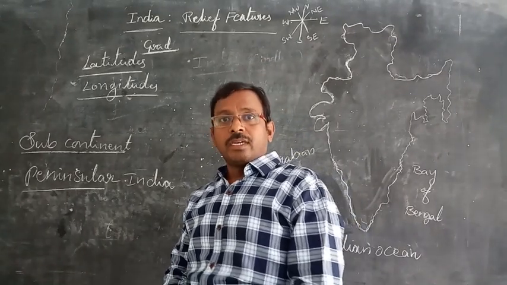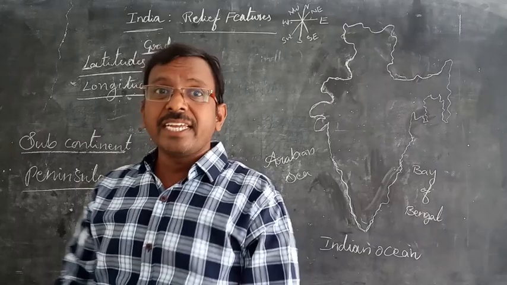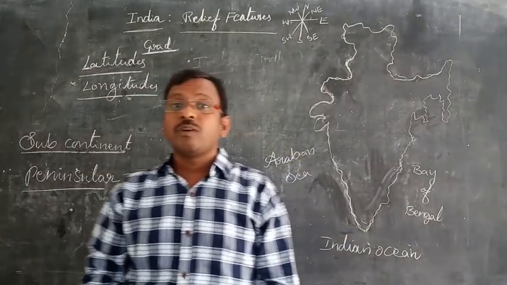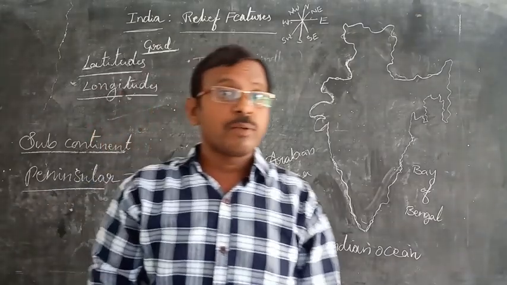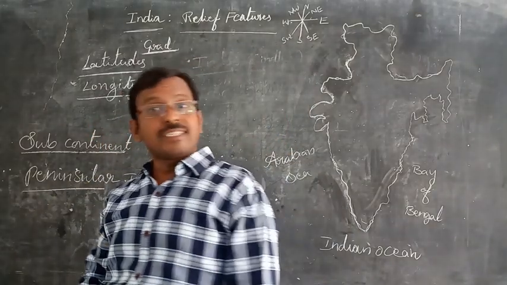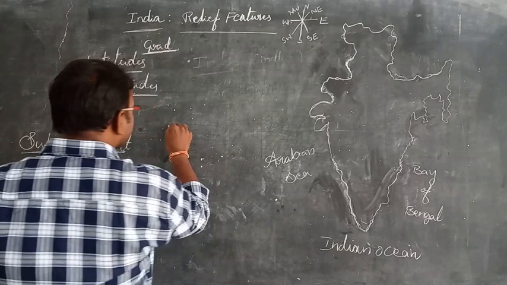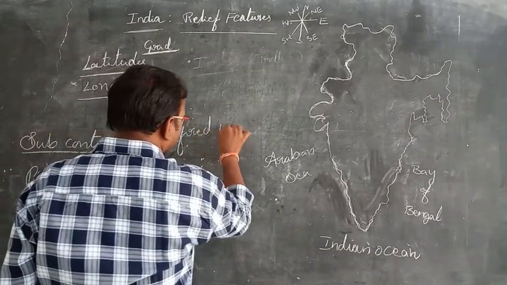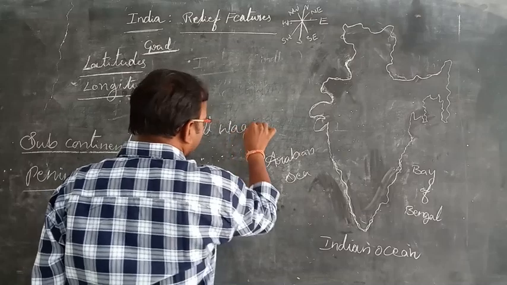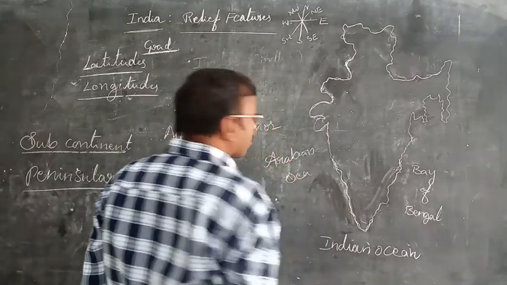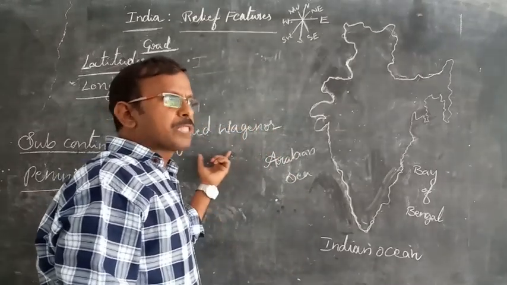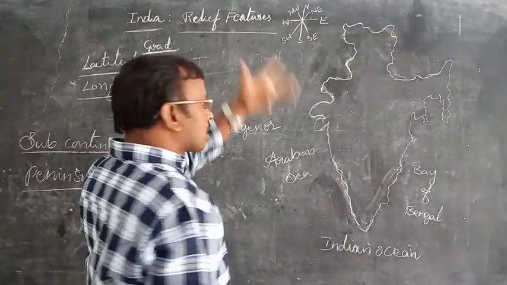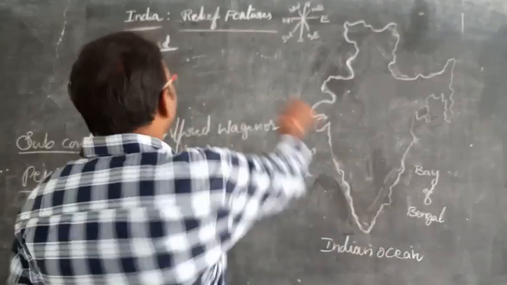The continental drift theory was told by the German geologist Alfred Wegener. In it, the whole earth was like one whole land.